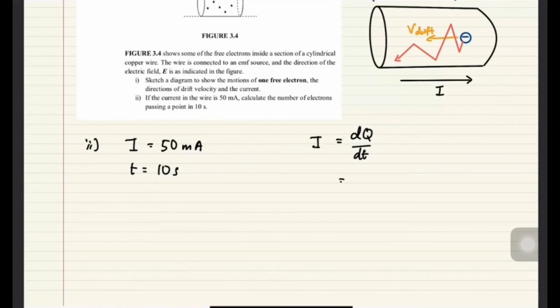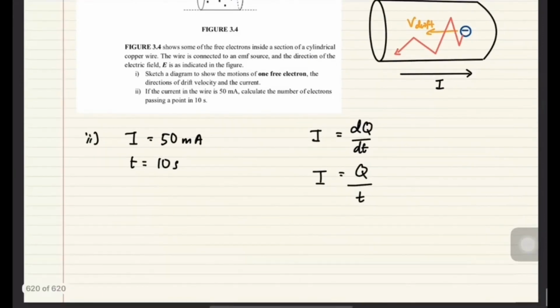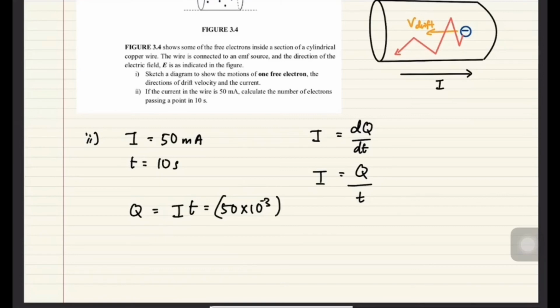But kalau kamu punya change of charge tu adalah constant ataupun dia tak berubah-ubah, kamu boleh tulis sebagai Q over T equals to I untuk average. Okay. So you can calculate the magnitude of charge first, which is I T. So 50 times 10 negative 3 multiply with 10 seconds, you should get 50 times 10 negative 2 coulomb.